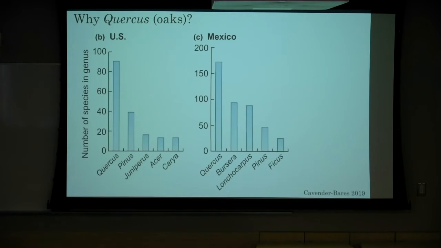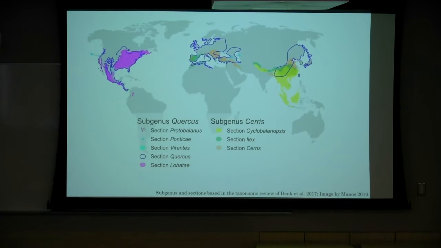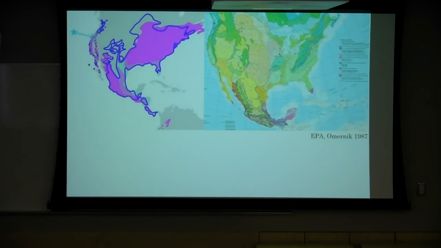Oh, we're going the wrong way here, sorry. Quercus is also diversified and spread across nearly the entire world. So what you're seeing here are all the different ranges and places that you can find Quercus species coded by the different subsections, subgenera. And you'll find that even in North America, which is mostly where our study is focused on, Quercus have spread to almost all reaches of the continent, down all the way through Central America and into South America.